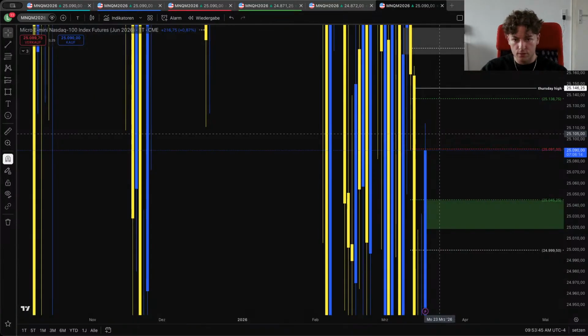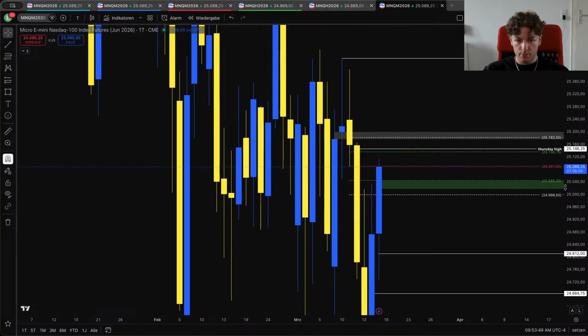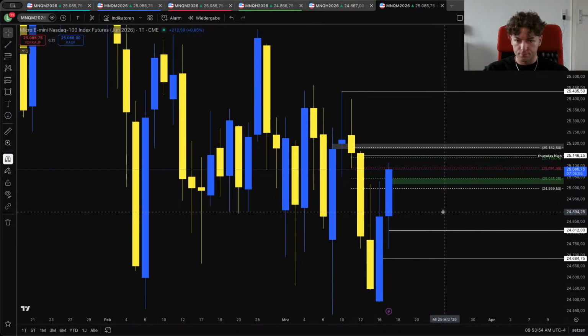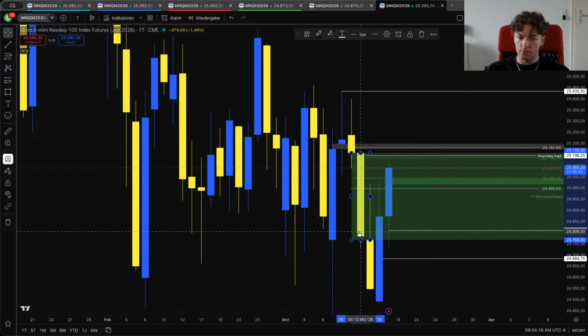So what I didn't notice, let's go back to the daily. We have a fair value gap in here. So actually this would be the fair value gap, or it would even be a suspension block. But I just checked the NQ, so this is the micro Nasdaq, and I just checked the mini Nasdaq, and there's no volume imbalance in here.